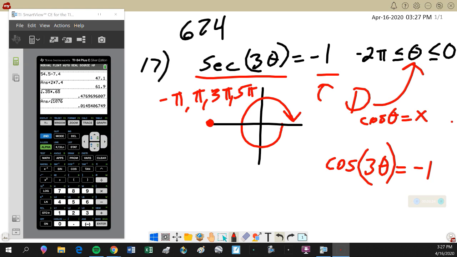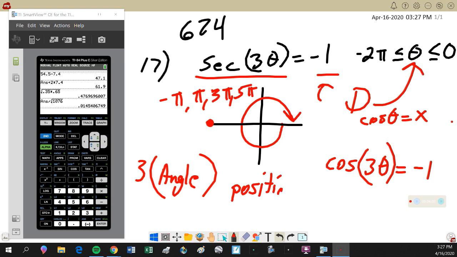So if I take an angle inside that domain from -2 pi to 0 and I triple it, when will that angle land at that -pi or 3 pi position? So what I'm asking is what angle multiplied by 3 will give me a position that's in the same place as pi radians.